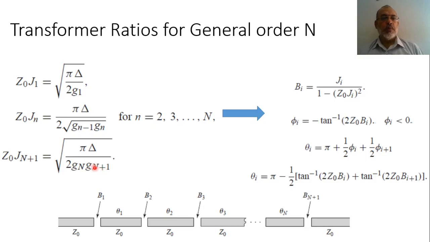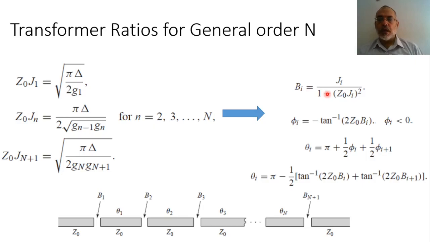Now, by determining the values of the required admittance inverter, we can determine the corresponding required admittance Bi between the resonators. So Bi is given by Ji over 1 minus Z naught Ji squared. So if I know now the values of the required admittance inverter, I can obtain the value of the admittance between the resonators, Bi.